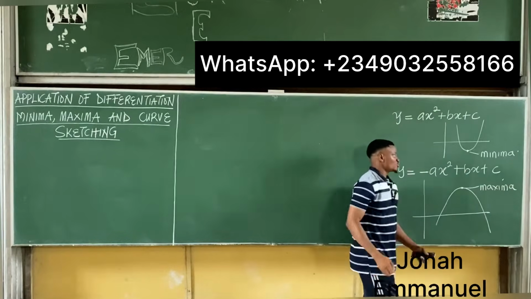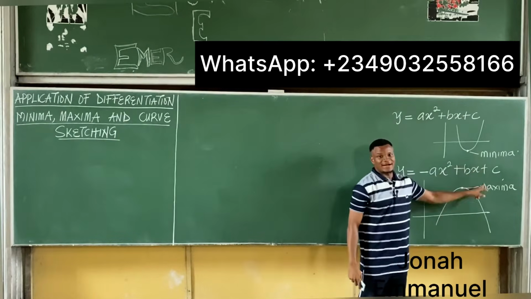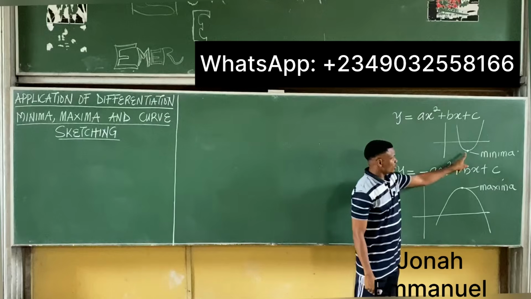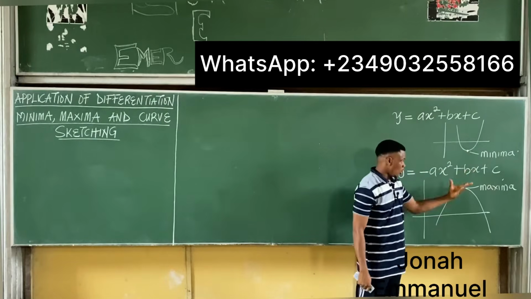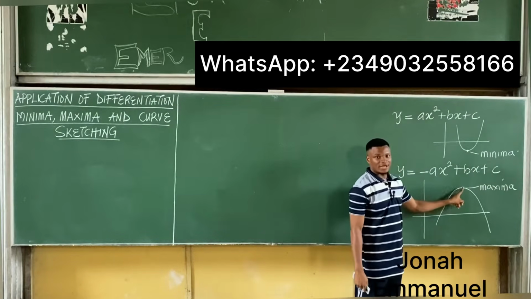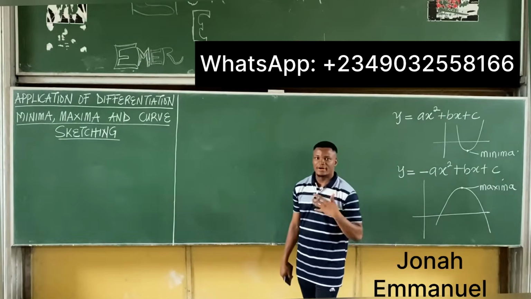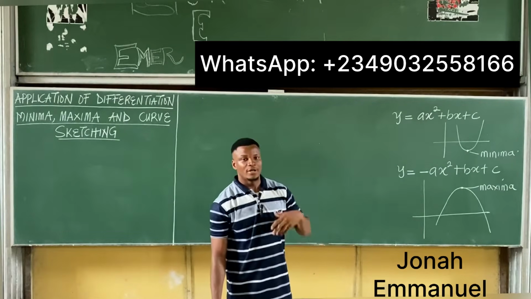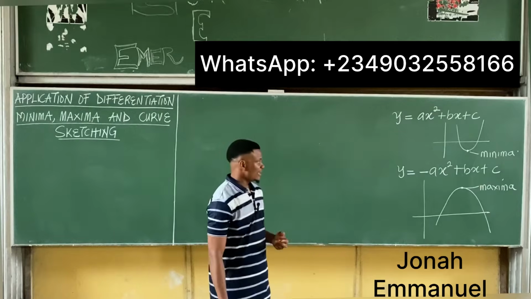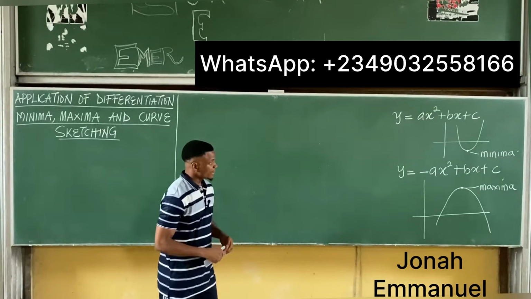All right. So when we talk about minima and maxima, we refer to the lowest point of a curve or the apex or the highest point of a curve respectively. So that's what is called minima and maxima. All right, so I have a case of this.